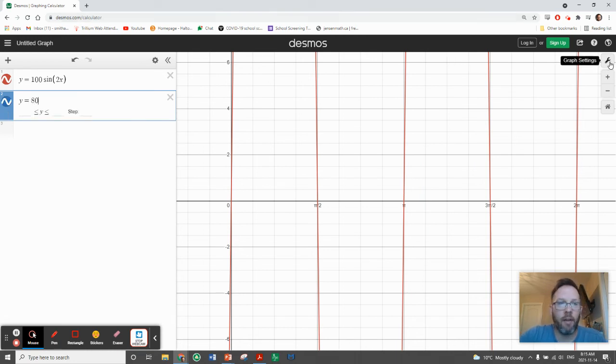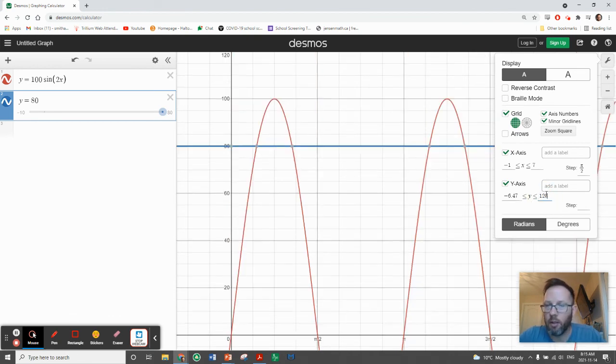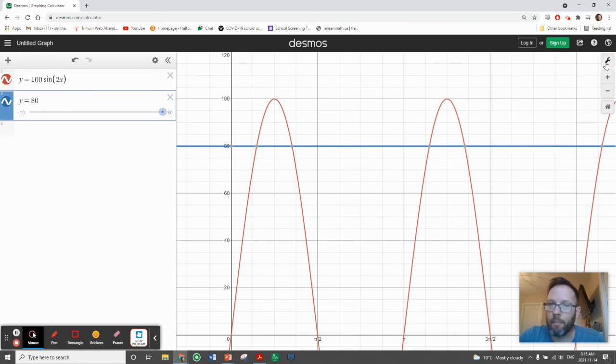I'll change my settings, let's go up to 120 for the y values. And there we go. You can see between 0 and pi by 2, I actually get 2 solutions.